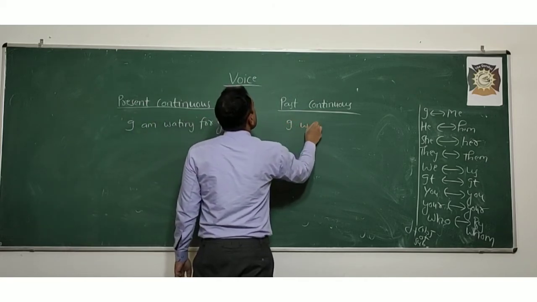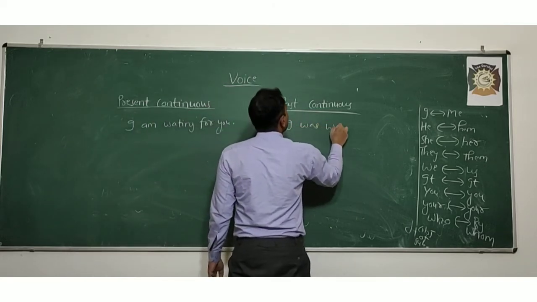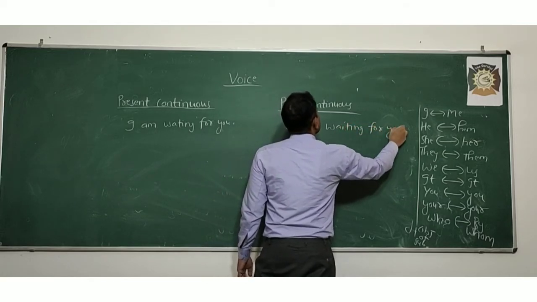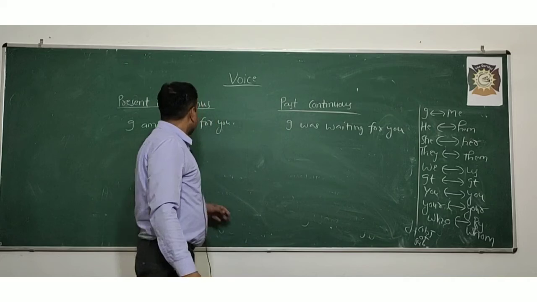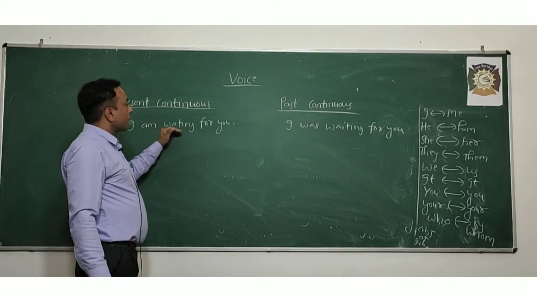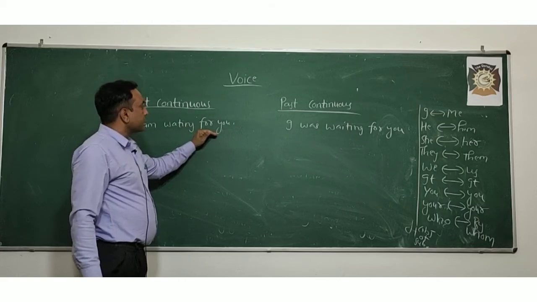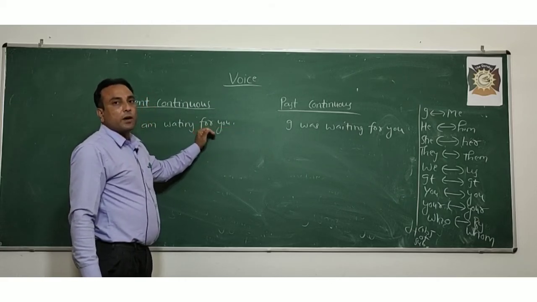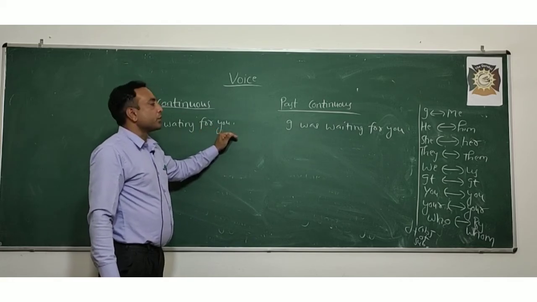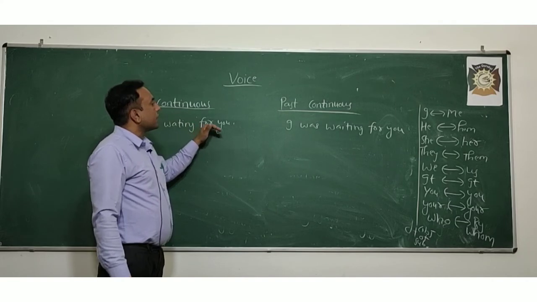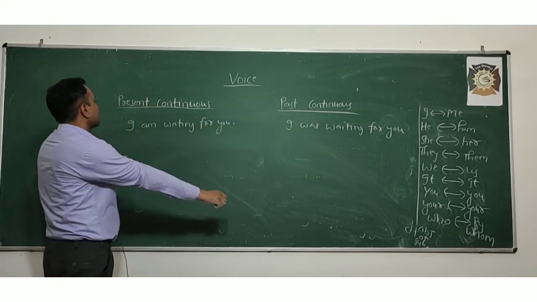I was waiting for you. I am waiting for you: waiting is the verb, and after that the preposition is given. So here the object is not the object of the verb, it is the object of a preposition. So you will keep the preposition with the main verb while changing the sentence.